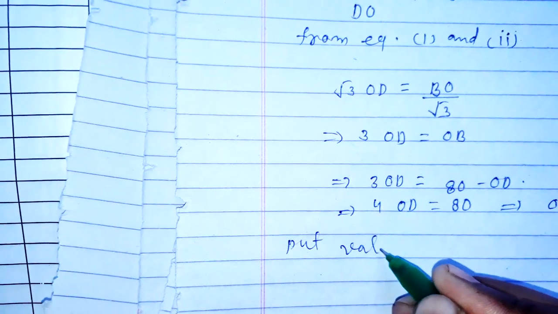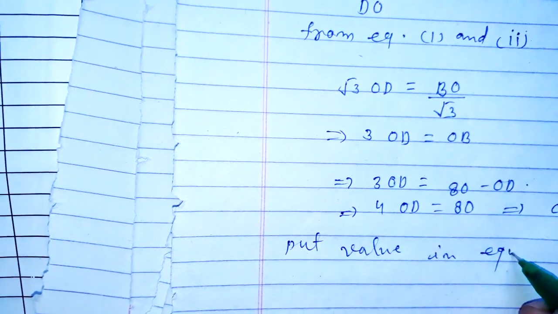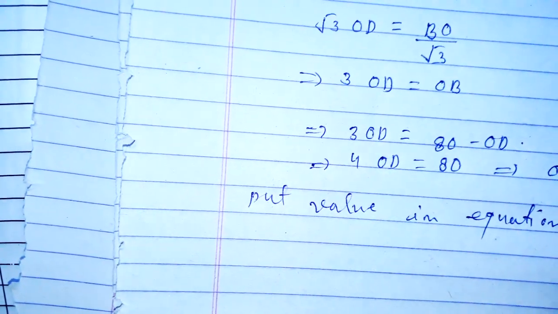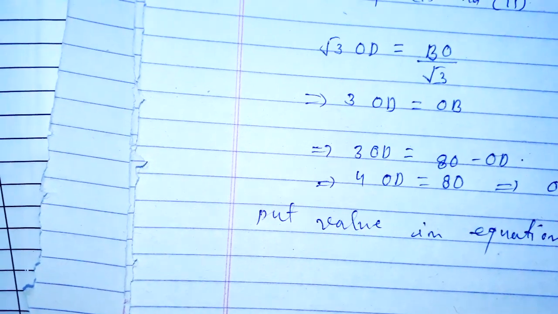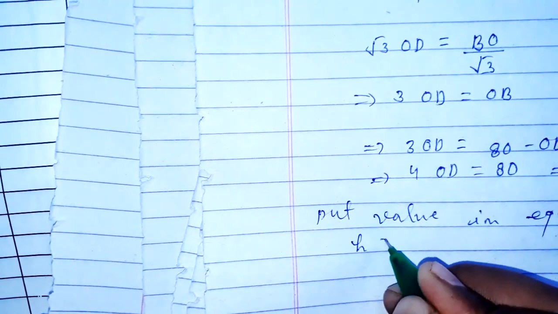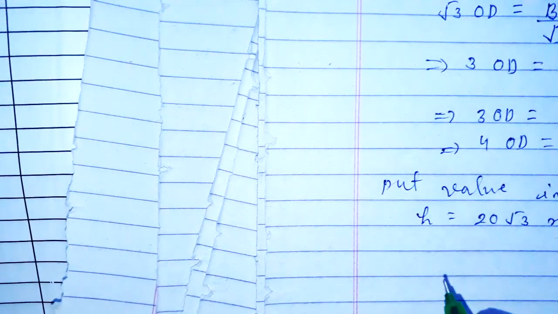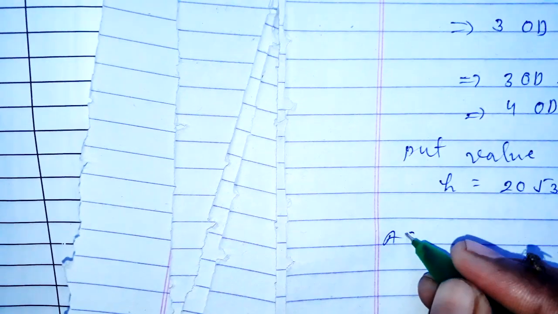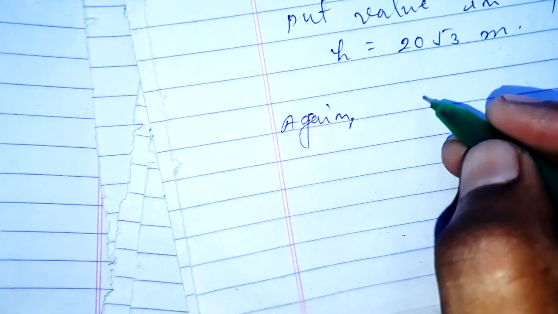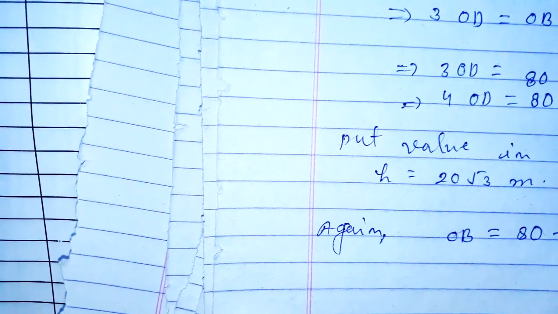Put this value in the second equation. Then h is equal to 20 root 3 meters. Again, OB is equal to 80 minus OD.